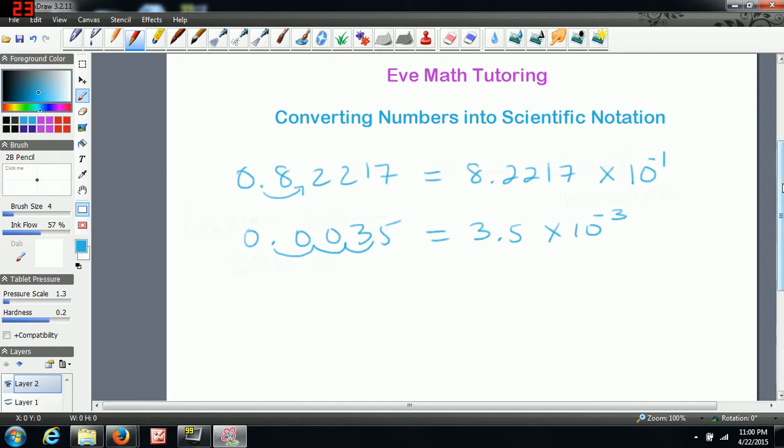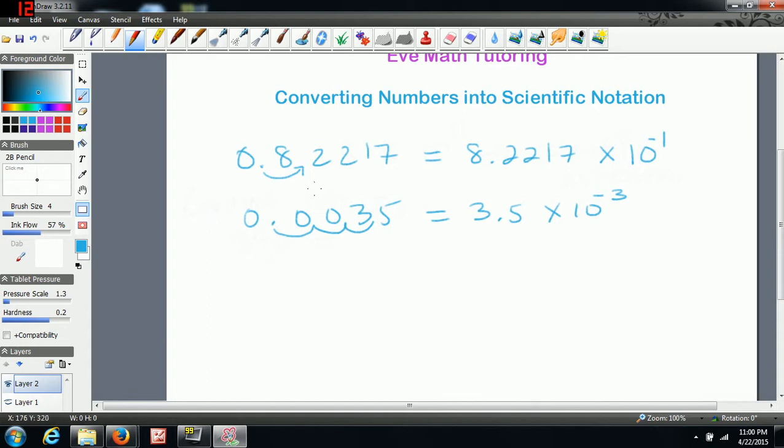Okay? So if you move the decimal to the left, you're going to raise your exponent to that positive power. If you move it to the right, you're going to raise the exponent by however many units you moved it to the right, as a negative number. So let's try.